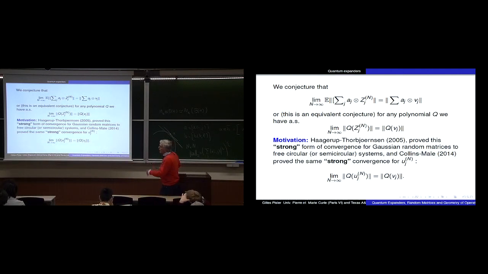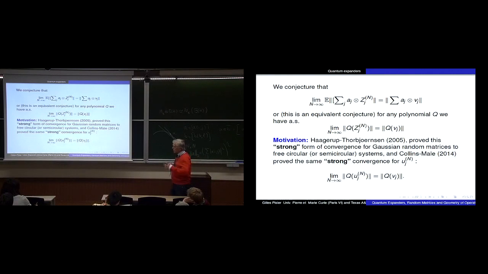And I conjecture, I'm afraid this is recorded, so I'll have to accept that, that in fact the Z_j^N satisfy the same kind of strong convergence.